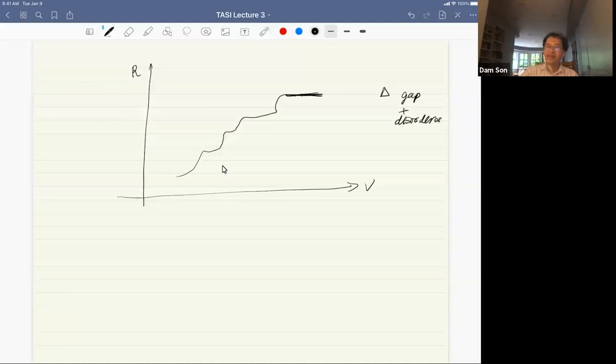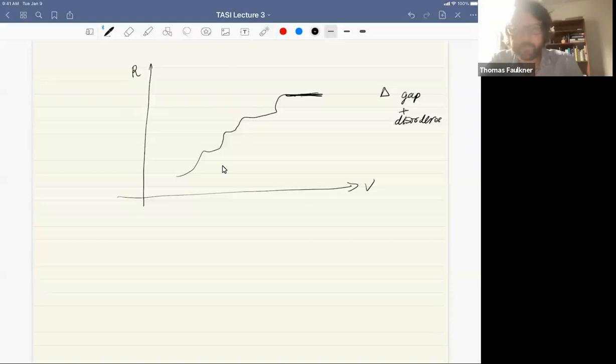But you can discuss the gap without disorder. The gap is actually seen in numerical simulations of particles in the lowest Landau level. So we are pretty sure that the existence of the gap doesn't require disorder. Okay, thank you.